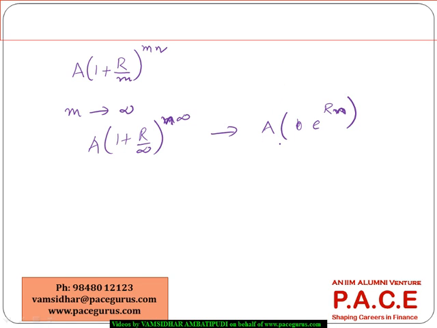So r is the quoted rate in annual terms, and n is the number of years. I take it as e to the power of Rn, especially if my question is with respect to compounding on a continuous basis. Whenever we have daily compounding, generally we can treat it as similar to continuous compounding.